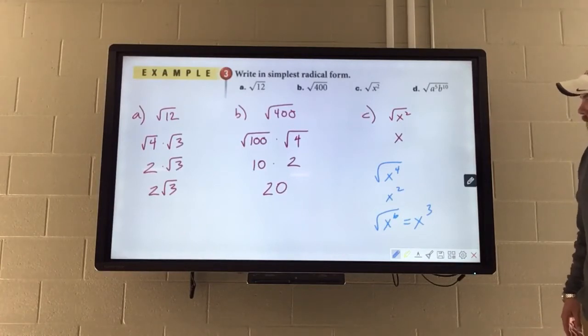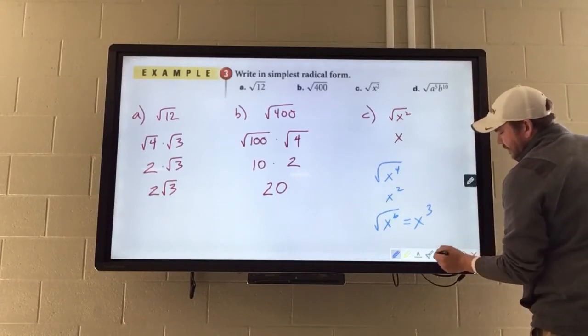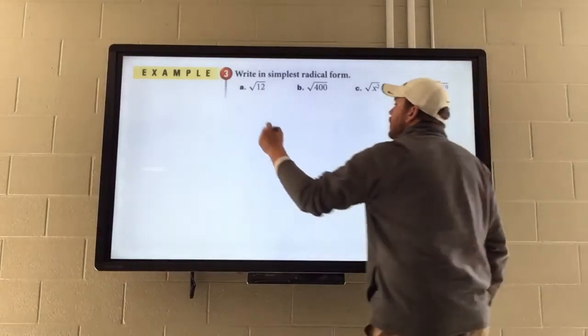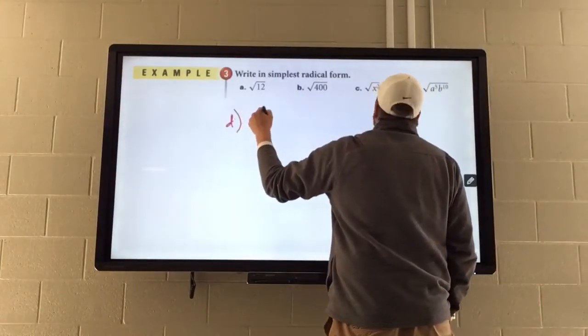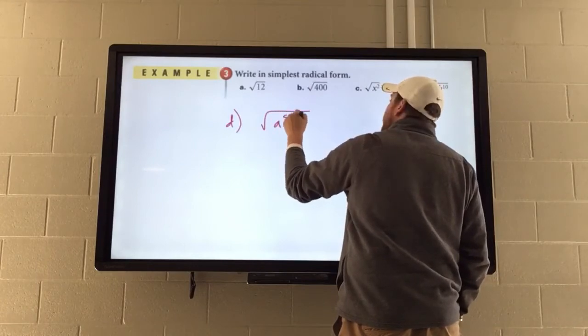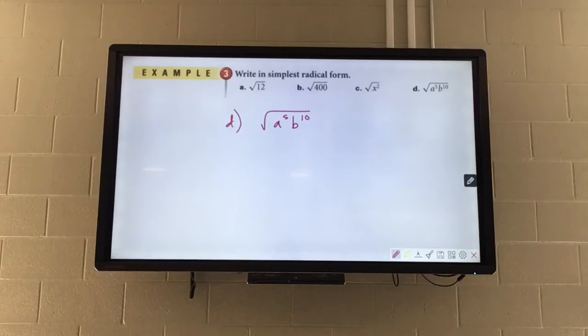Which brings us to example D. The square root of a to the 5th times b to the 10th. Like I said, we can take the square root of any even-powered variable.